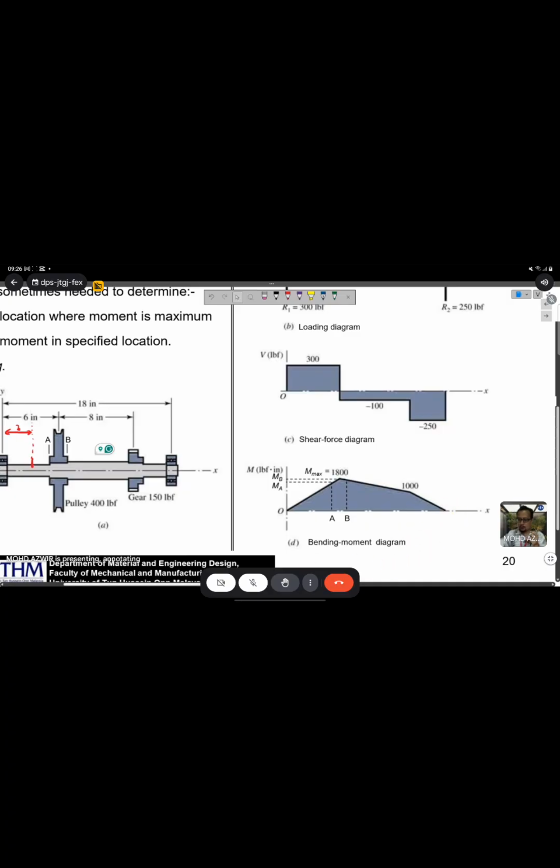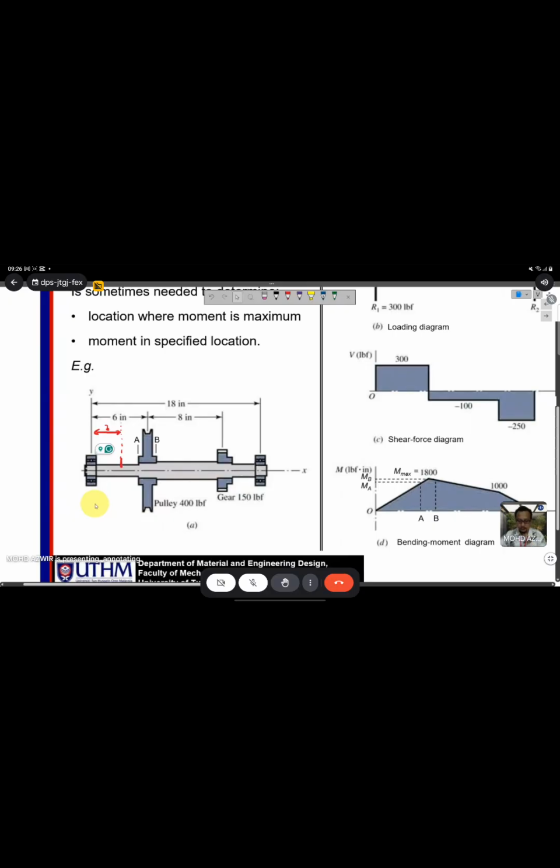So let's say you study at point A. Let's say the thickness is about 1 inch for the gear here. Okay, so what is the moment acting at point A, MA? Maybe you can assume this gear is symmetric. This one is 0.5 inch, the other one is 0.5 inch, total will be 1 inch.